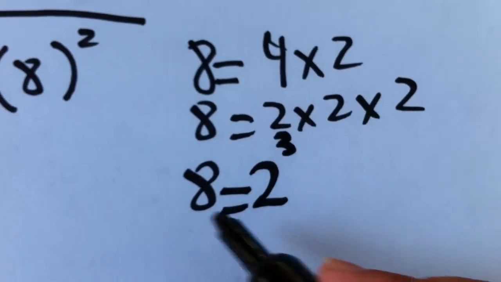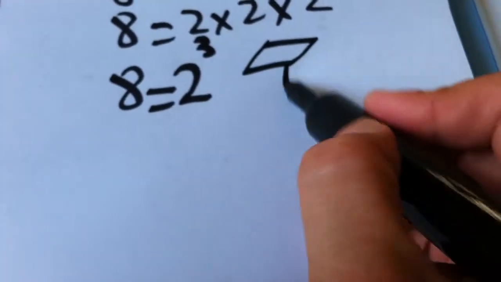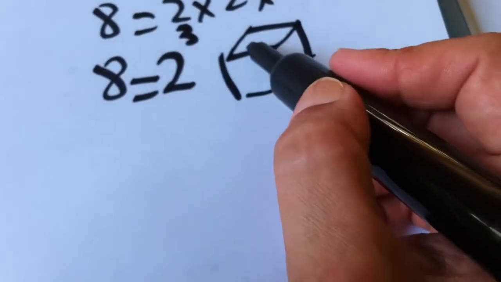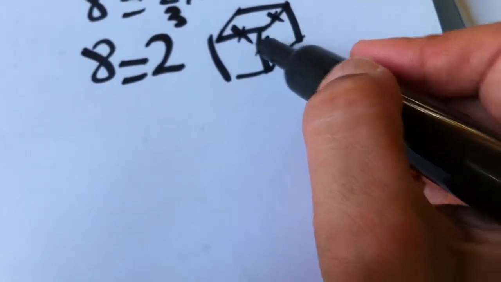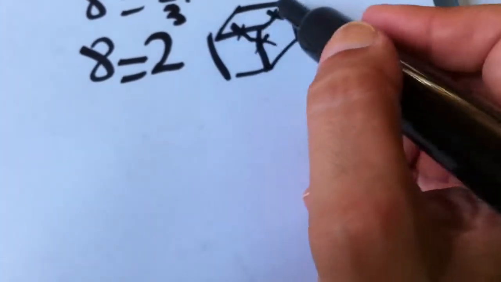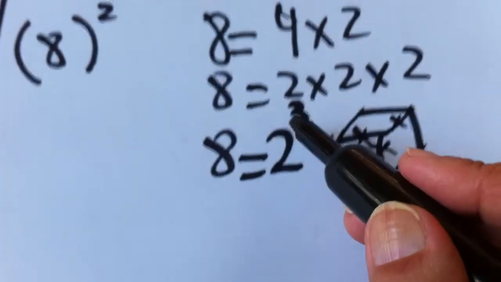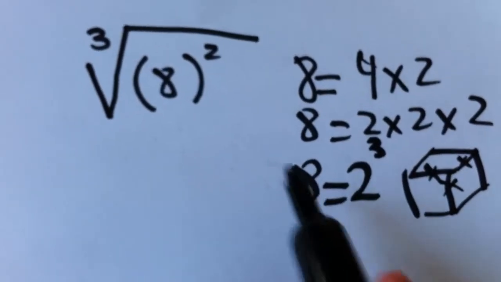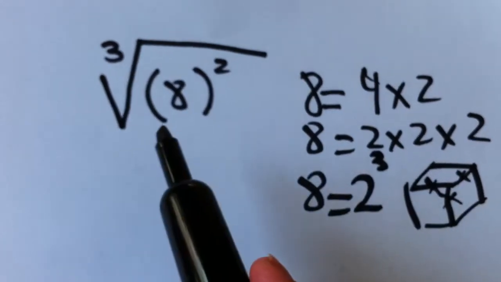That's just the way we write a cube, because if you have a cube and you multiply this side and this side and this side, which gives you the volume, it's a cube. So 8 is equal to 2 cubed. Now instead of 8 here, we'll just write 2 cubed.